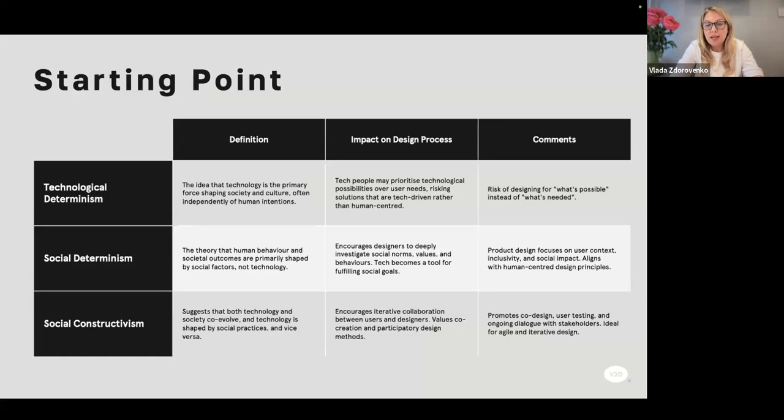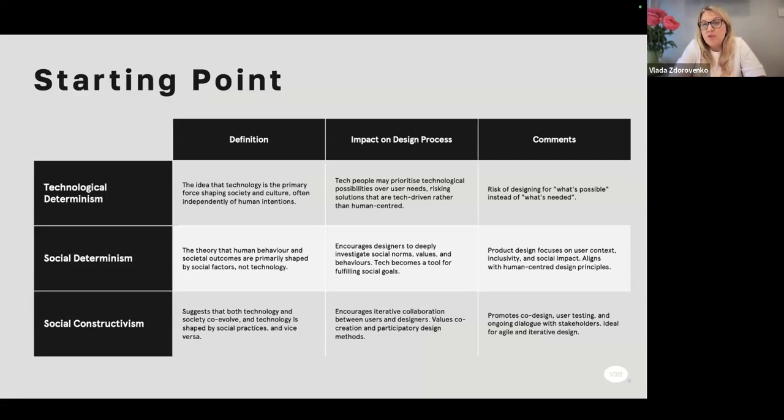And the thing is that it's not only about technology, but also it's important to understand how we use this technology and how we adapt and how we are changing our behavior based on the technology. So I would assume that a combination of different theories can be applied to reality, and we can take the best out of each of the theories.